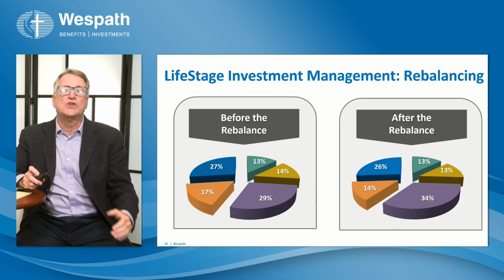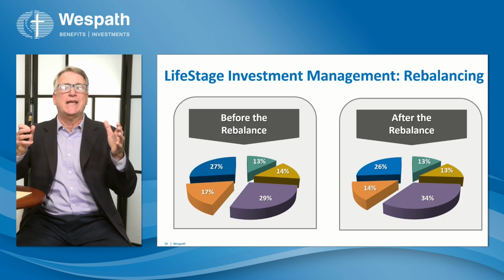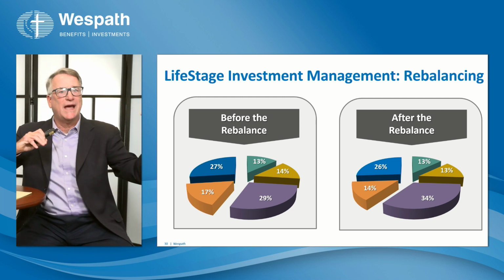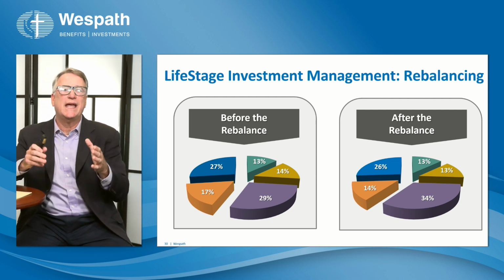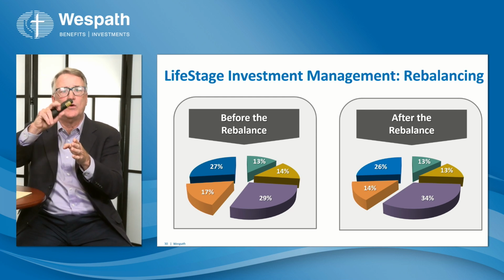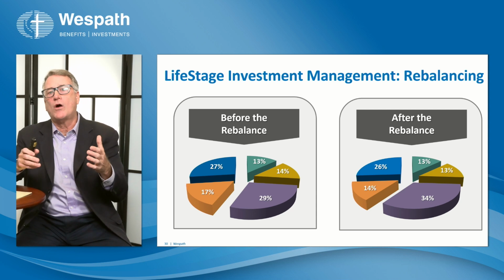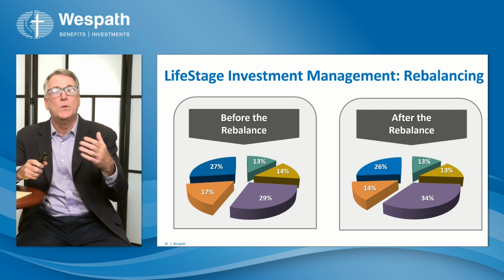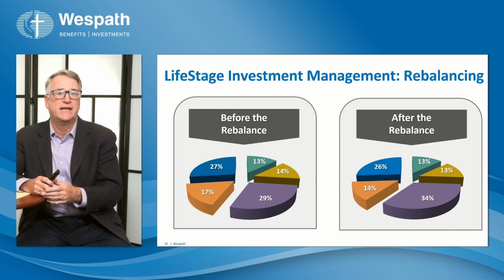The way we also do it, and the second level, is we're looking at you 4 times a year. So we're doing it for the long haul, but we're not just setting it and forgetting it. We're looking at you quarterly, based on your birthday, and we're saying, where are you and where do we want you to be? And if you're not where we want you to be, we will reallocate or rebalance the account for you.